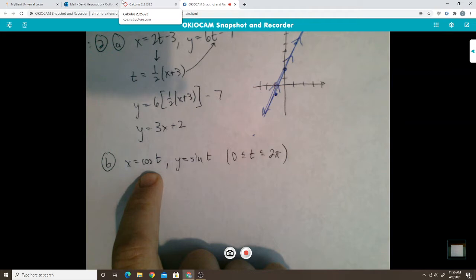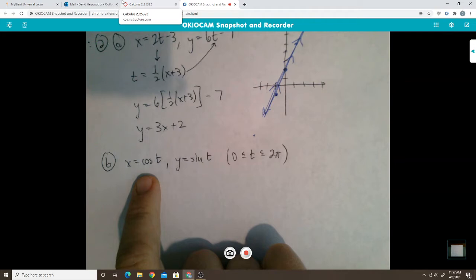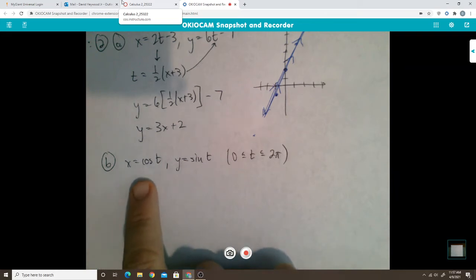So one of the sets of solutions is that t equals cosine inverse of x, but then you have another solution every 2 pi units after that. I suppose since t is between 0 and 2 pi, you only get the one. But then there's a second solution, right? Because t could also be 2 pi minus cosine inverse of x, which is also going to be inside of this interval.